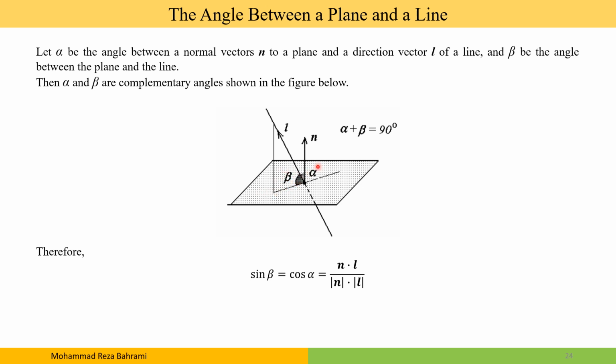So from here you can see that alpha and beta are complementary angles, so alpha plus beta equals 90 degrees. And from here we can write these expressions using the dot product of two vectors, the normal vector to the plane and the direction vector of the line.